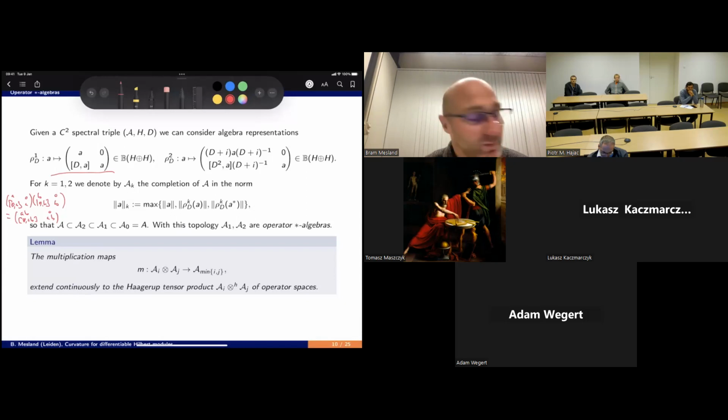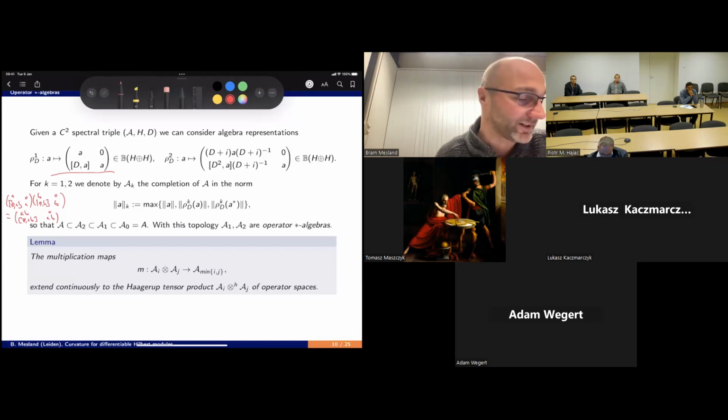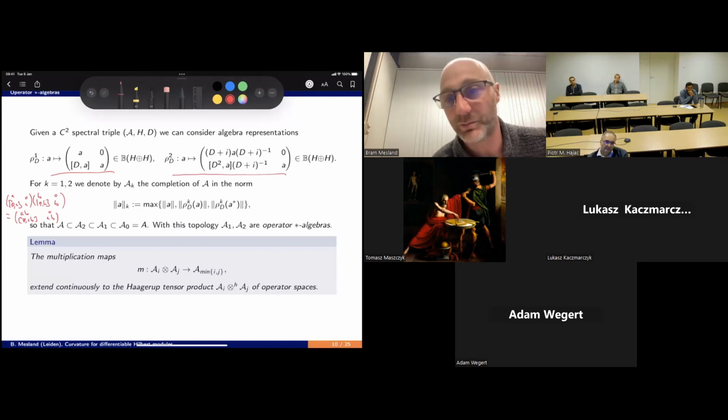But this can be overcome in the sense that this is some defect that doesn't bother us. And for the same reason, this row 2 here looks slightly more complicated, but it's also an algebra representation that is not compatible with the star. You can check this for yourself.